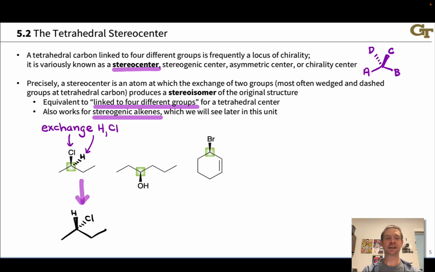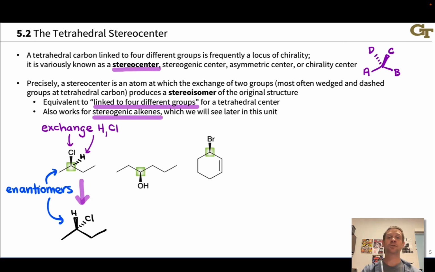And you should definitely verify this is not the same as the original structure. Logically speaking, this carbon fits this general structural pattern of 4 different groups, methyl, ethyl, H, and Cl, attached to a central tetrahedral carbon. And so exchanging 2 of those groups, just like we saw for the models, is going to lead to the enantiomer of that structure at the top.